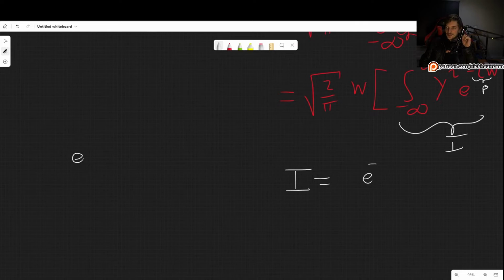If we have e to the minus 2w squared y squared, and we call this 2w squared thing beta and let it be a variable, and we take the derivative with respect to beta of e to the minus beta y squared, then we get minus y squared e to the minus beta y squared. So that means that y squared times e to the minus beta y squared is minus this derivative.